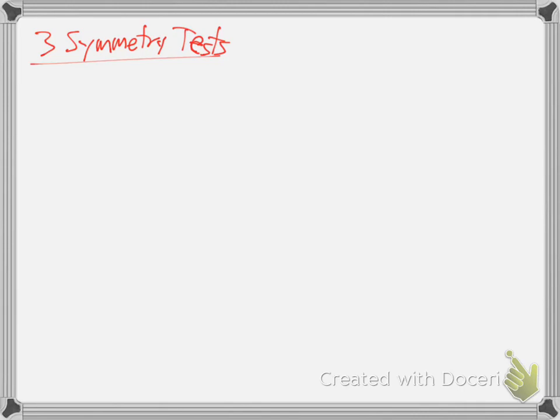First one, number 1, symmetry with respect to the polar axis. What is the polar axis? Well, it's the x-axis, really. We're just in the polar world now, so we're calling the x-axis the polar axis because it's where we start.